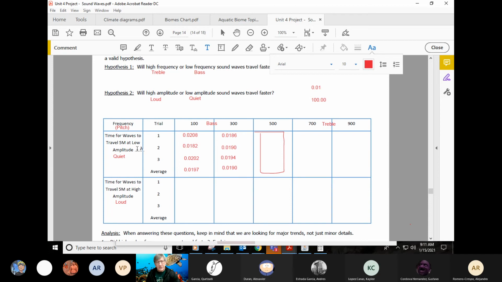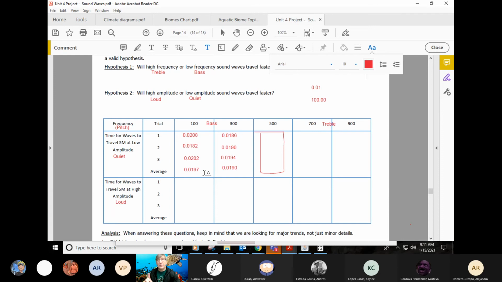Okay, let's look at these averages for our quiet data. It's not going to allow us to compare the quiet to the loud yet. We still have to gather that data, but it already gives us an idea of what's happening to the speed of sound with frequency. The lower the number, the faster, excuse me, the higher the number.